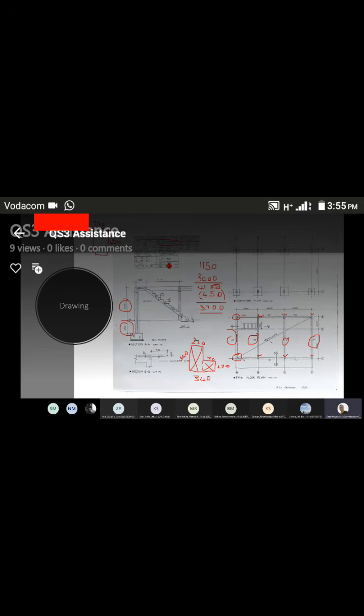So those columns are all 220 by 450. That is B1, B3, C1, C3, D1, D3. So for my concrete in there, it will be 0.22 by 0.45 by 2 by 3, which will take care of B1, B3, C1, C3, D1, D3. Is that clear?